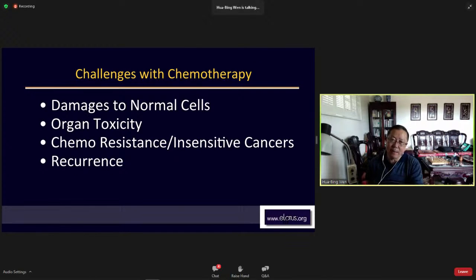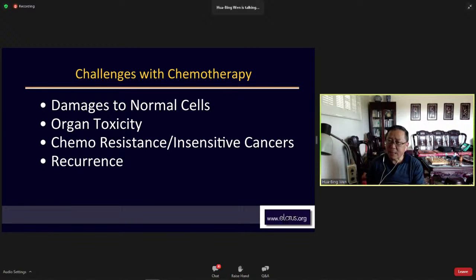So there are challenges with chemotherapy. Damage to normal cells, that we know. The chemo is not just to kill cancer cells; normal cells can also be killed or damaged. People may ask, why is it always the hair, hair loss, and the GI tract, and also the bone marrow?